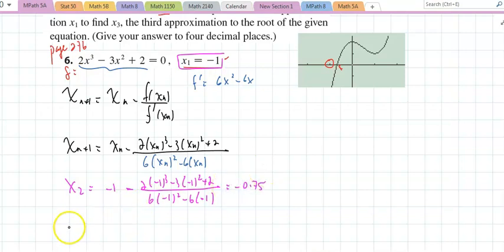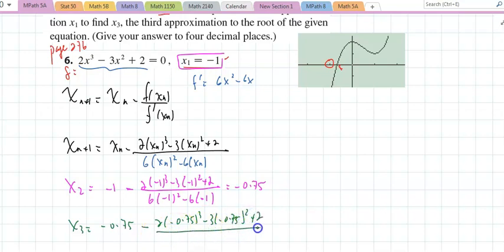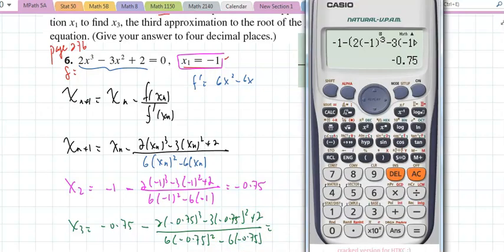Now, do you agree that x sub 3 is going to be negative 0.75 minus 2 times negative 0.75 cubed minus 3 times negative 0.75 squared plus 2 divided by 6 times negative 0.75 squared minus 6 times negative 0.75, and let me plug that in and see how that works.